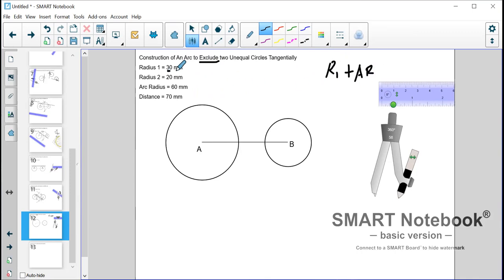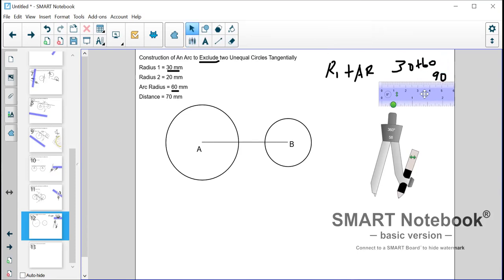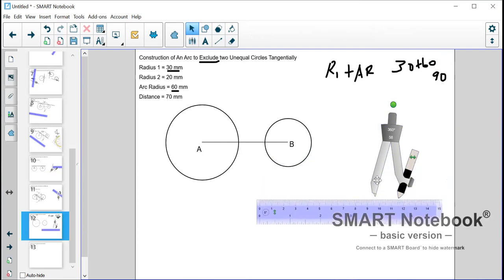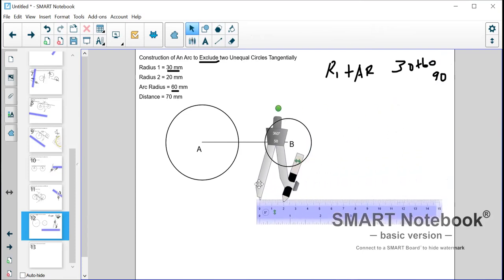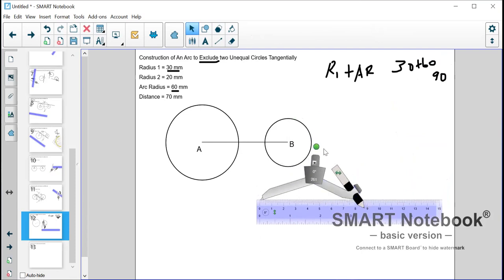So 30 plus 60 will give us 90. So our next distance that we'll be using is 90. So we open the pair of compasses to 90 mm.